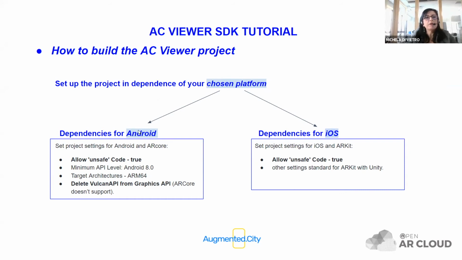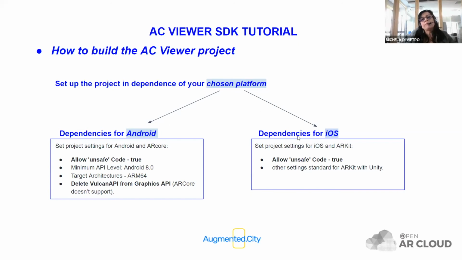For example, for both platforms, you have to set allow unsafe code to true. And in case of the Android platform, it's necessary to delete Vulkan API from the graphics API because our code doesn't support it.